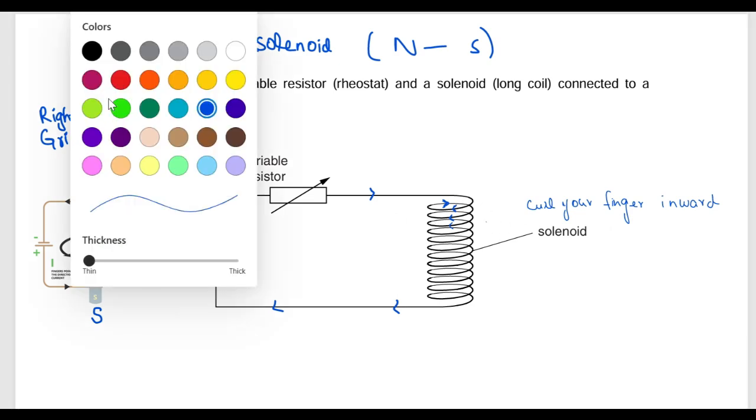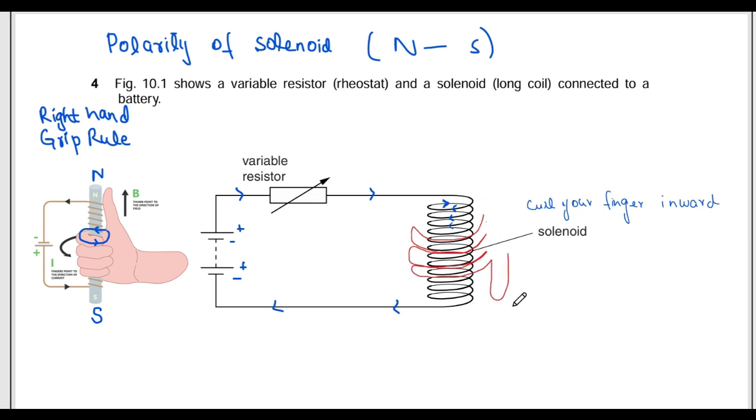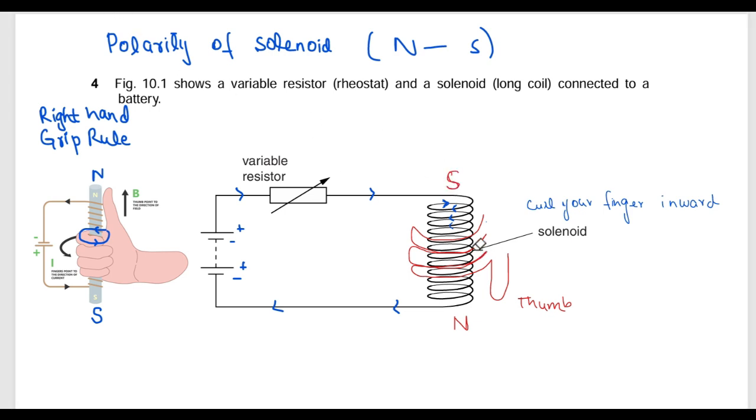If we notice the first coil of the solenoid, the current is flowing inward. So let me just make a pattern of fingers, and the thumb will point downward because it's a right hand. So if we curl our fingers inward, the thumb will obviously go downward. So the downside pole is the north pole and the upside pole is the south pole.